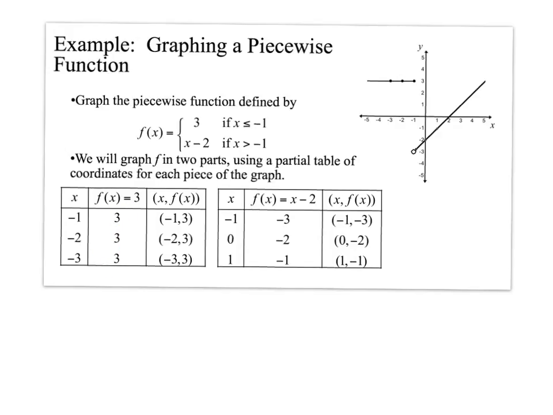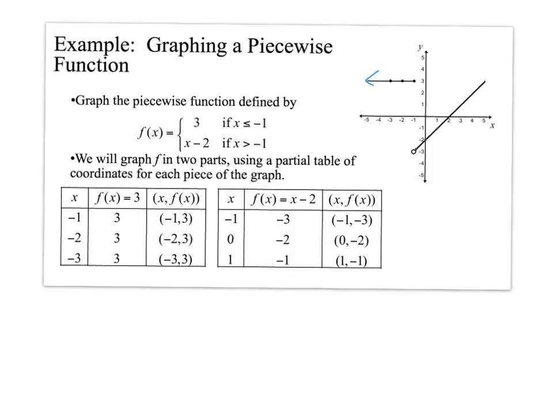So my points to graph are -1 and 3, -2 and 3, and -3 and 3. You can see that I've graphed those here. It's actually a constant part of the function, and because it goes on towards negative infinity, I can also put an arrow here.